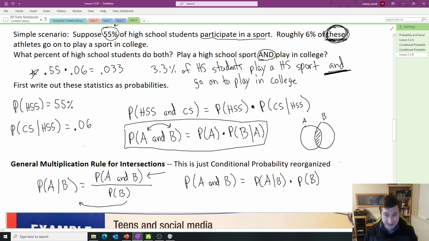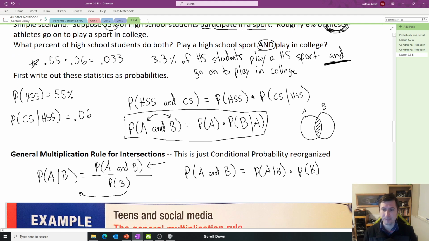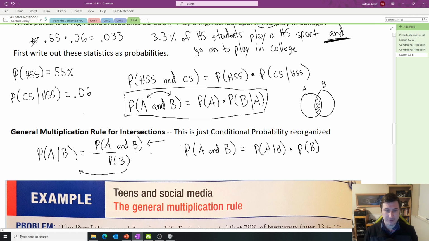I'm still finding the ones that do both A and B. The order doesn't actually matter in this case. But it is very, very similar to the conditional probability formula. Just a reordering with some algebraic manipulations.